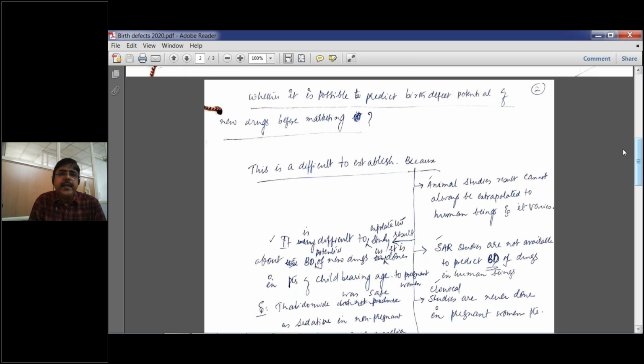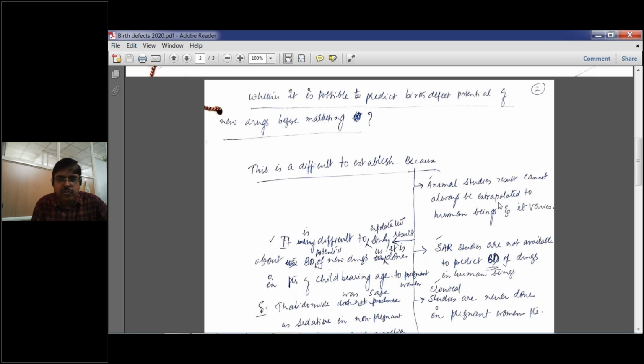The difficulty in extrapolating the effect of the drug on the fetus is because animal study results, which say that the drug is likely to produce an effect, may not always be extrapolated to human beings. You cannot extrapolate animal data to human beings.